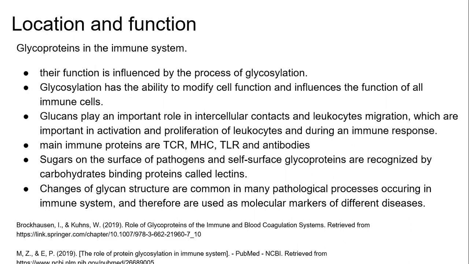Sugars on the surface of pathogens and cell surface glycoproteins are recognized by carbohydrate binding proteins called lectins. Changes of glycan structure are common in many pathological processes occurring in the immune system and are therefore used as molecular markers of different diseases.